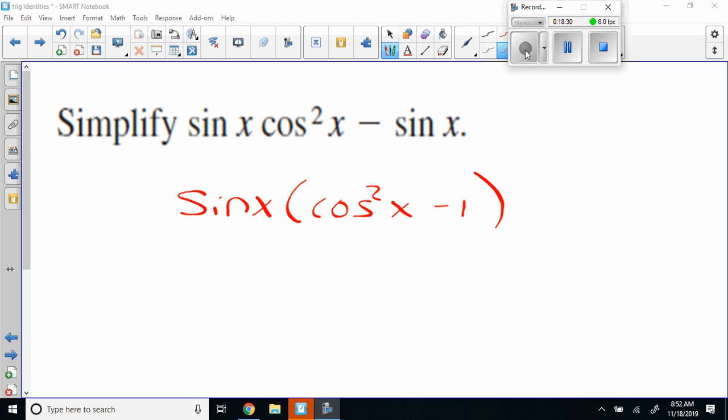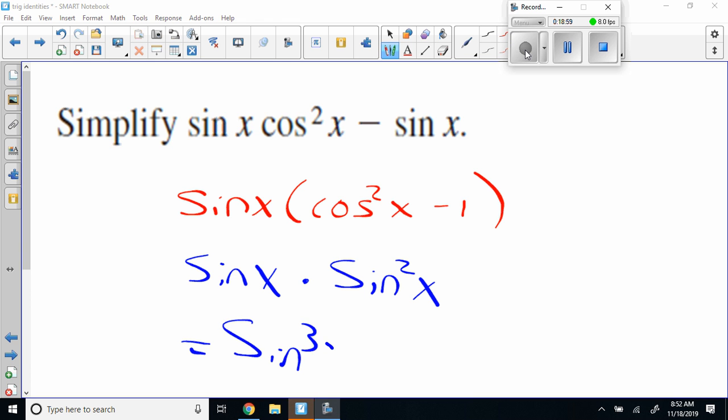If I can get cosine squared minus 1, then I can rewrite it as sine x times sine squared x, right? Which in turn would give me what? What's sine x times sine squared x? Sine cubed x.